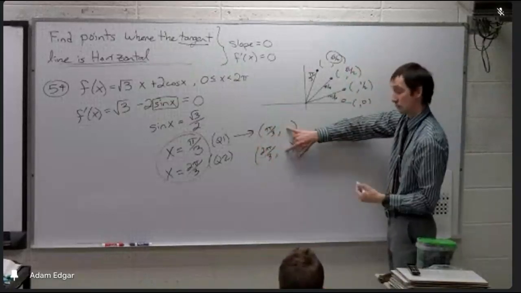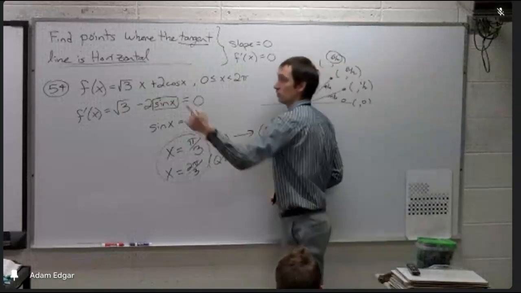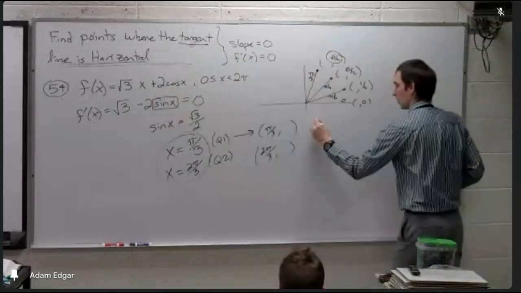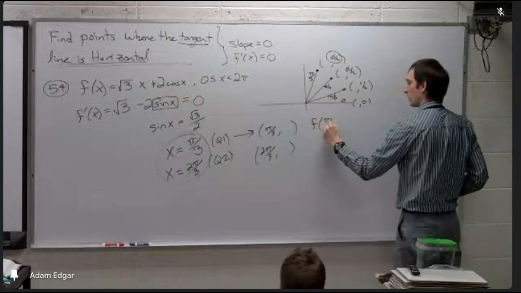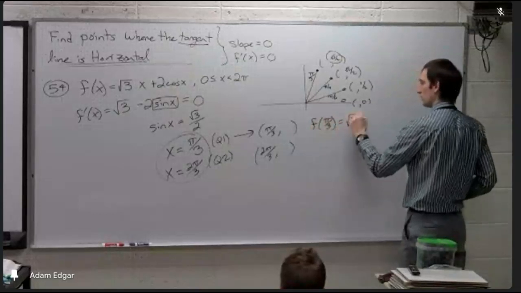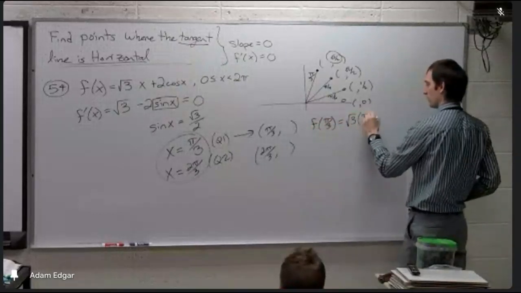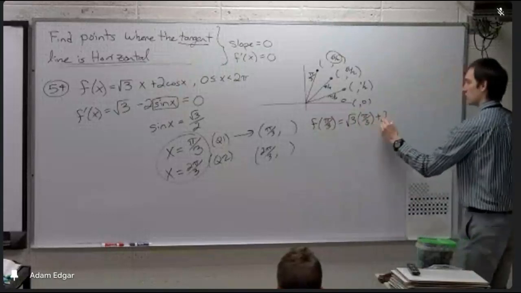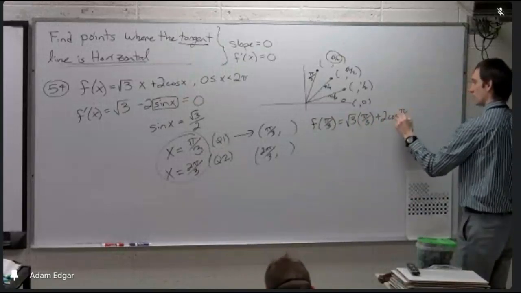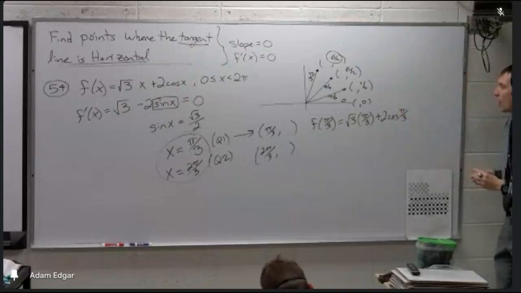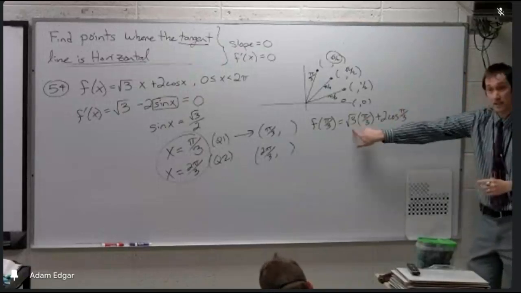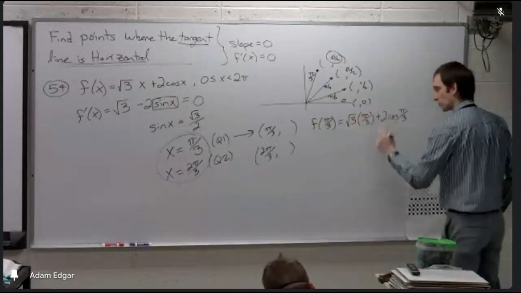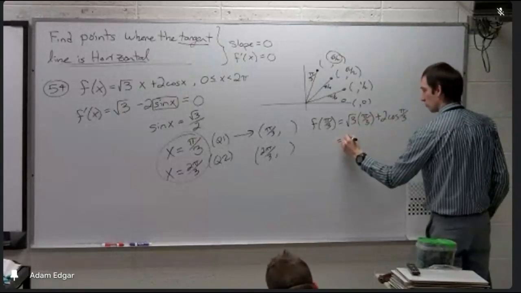The y's? Plug these into f of x. So f of pi over 3 equals root 3, oh yuck, times pi over 3 plus 2 cosine of pi over 3. I'm regretting this now. Do you want to clean this up? Me neither. All right, that's just going to be pi root 3 over 3.